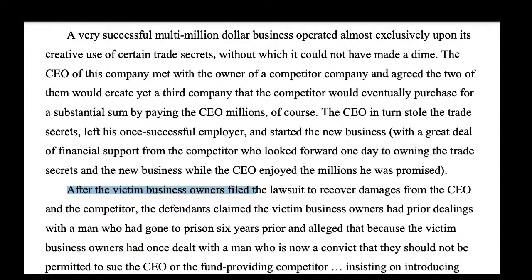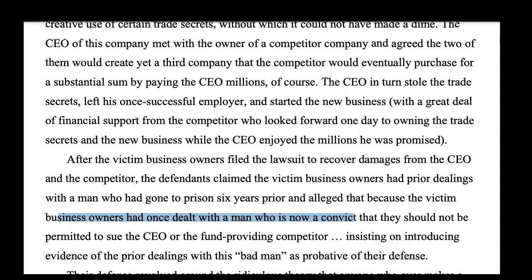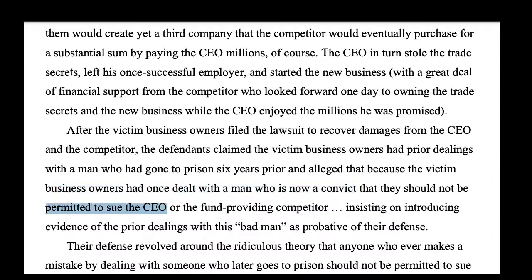After the victim business owners filed a lawsuit to recover damages from the CEO and the competitor, the defendants claimed the victim business owners had prior dealings with a man who had gone to prison 6 years prior, and alleged that because the victim business owners had once dealt with a man who was now a convict, they should not be permitted to sue the CEO or the fund-providing competitor, insisting on introducing evidence of the prior dealings with this bad man as probative of their defense.